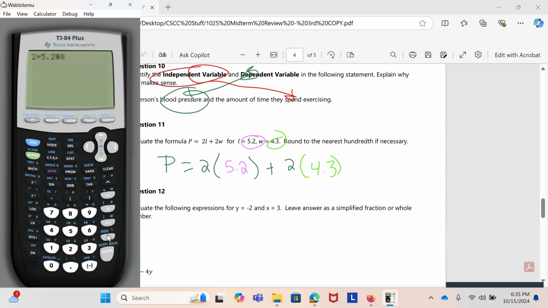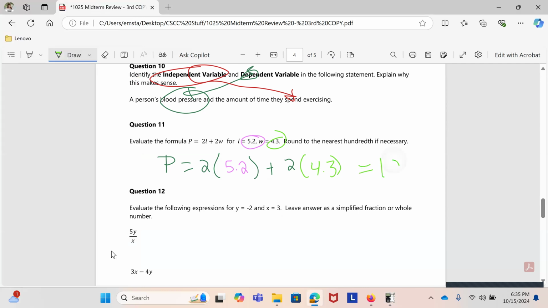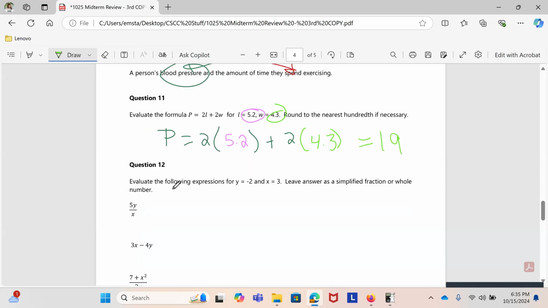Plus 2 times 4.3. See, I typed the point and it didn't come through. Your calculators will not give you those issues. I think we're good now. Get 19. Do you agree? Perfect. Questions on, it's called evaluating a formula.